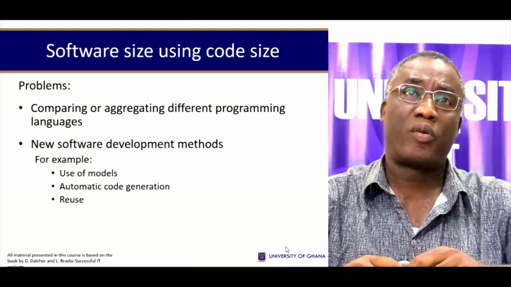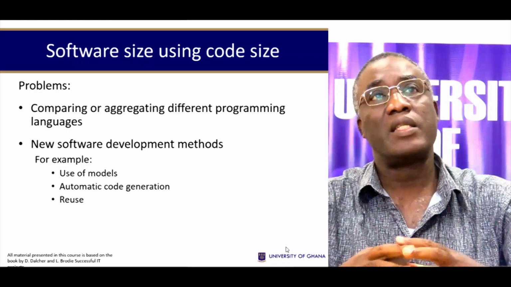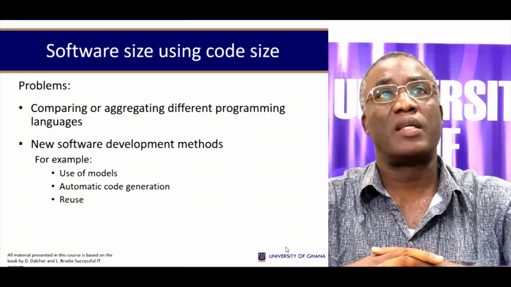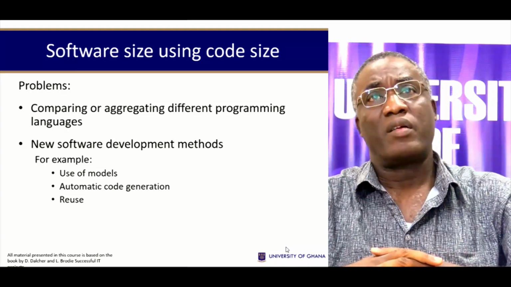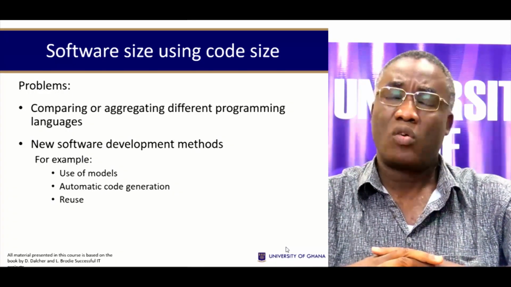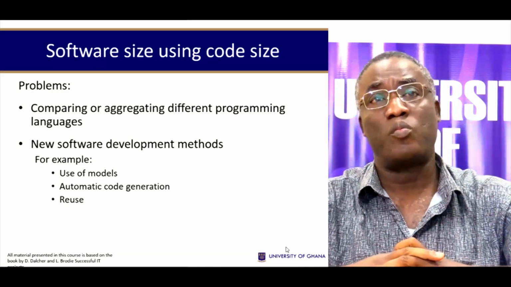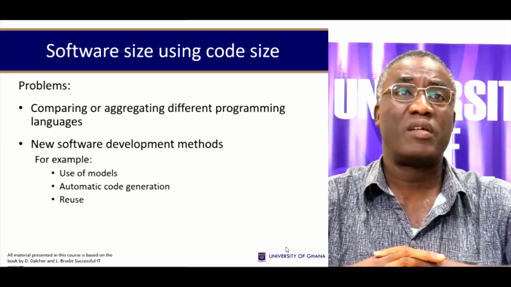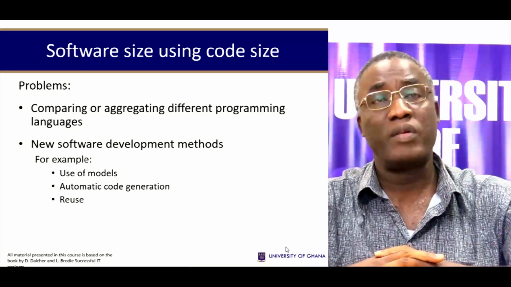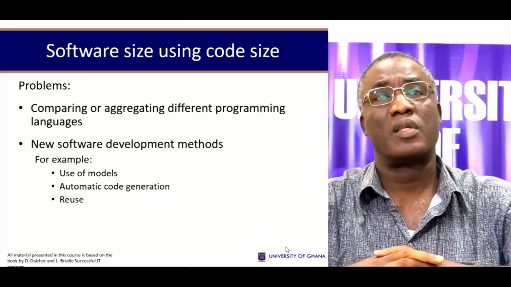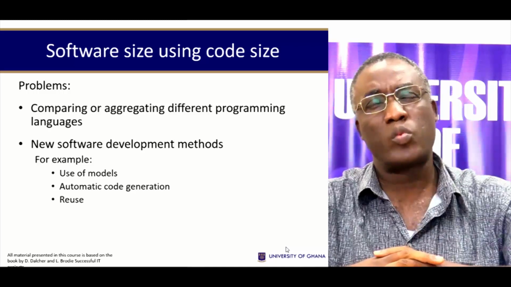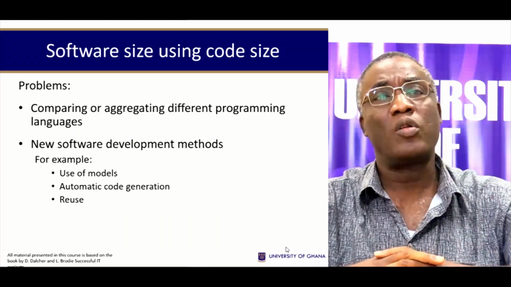But there are a number of problems arising from using code size. If you're comparing or aggregating different programming languages, then that could pose a problem. And then new software development methods, for example, use of models, automatic code generation, and software reuse could also pose problems. Question is, why should this pose problems? Can you think about them?